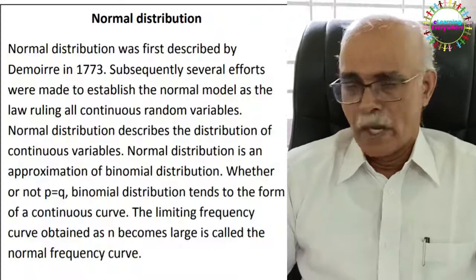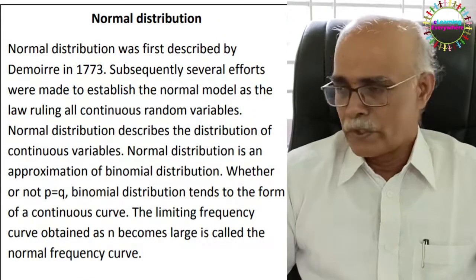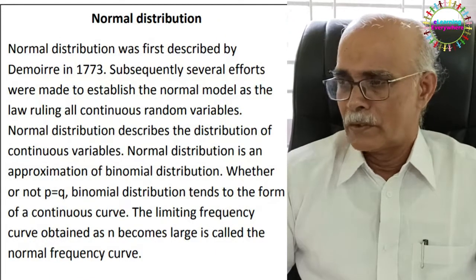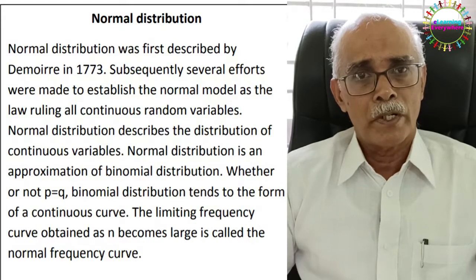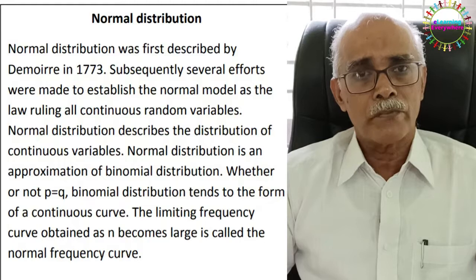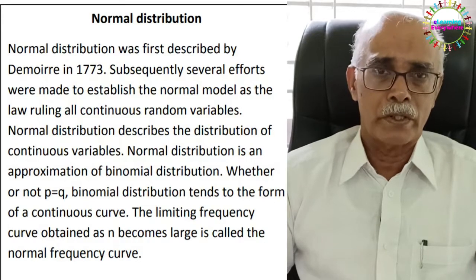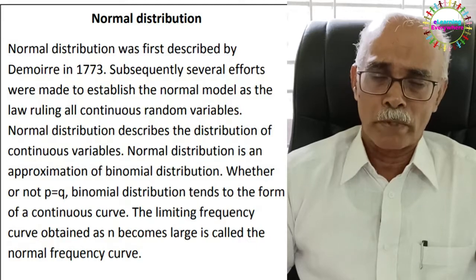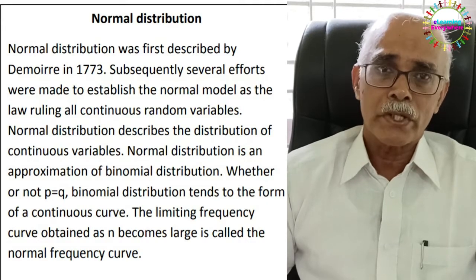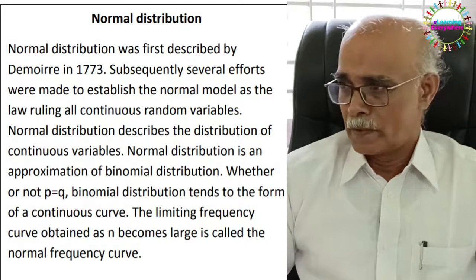Then comes the third type of probability distribution, normal distribution. As we have already seen, binomial distribution and Poisson distribution were discrete frequency distributions. They were dealing with discrete events, the frequencies or the probabilities of discrete events.